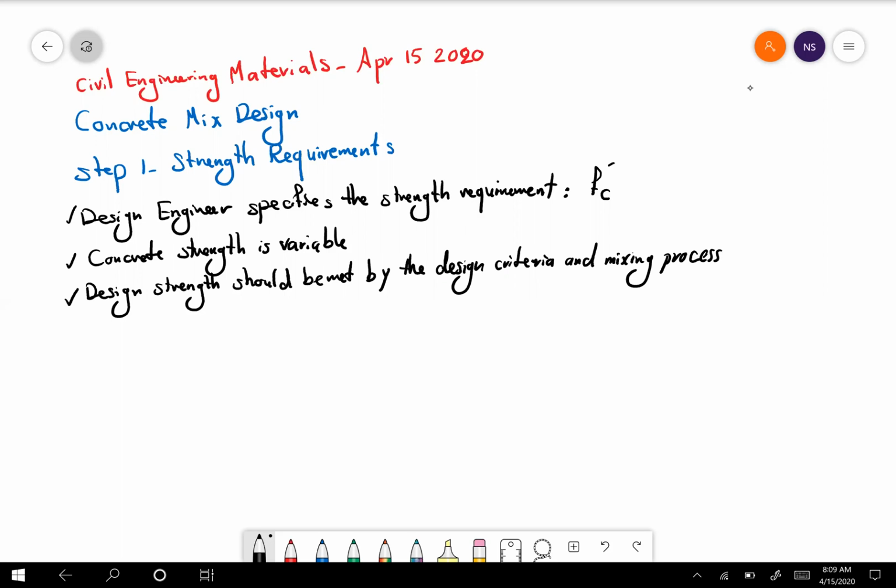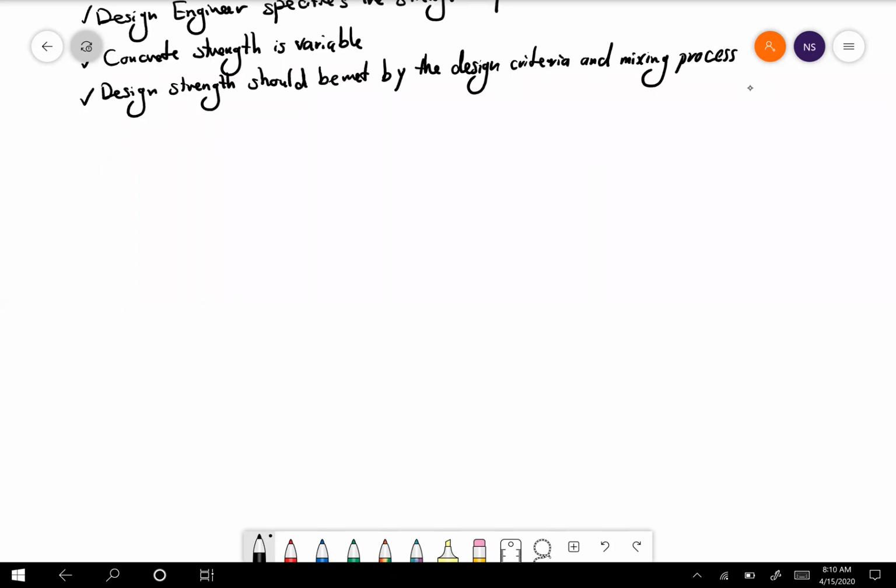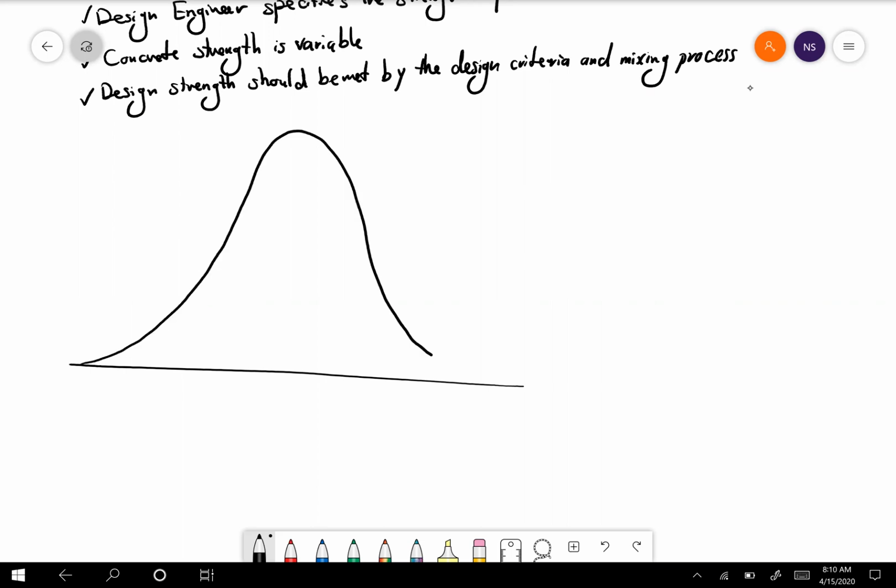Right? Okay, so a little bit of mathematical background regarding how the design process, how the strengths parameter works. Now, if you remember from statistics, you probably remember the bell curve, or normal distribution.